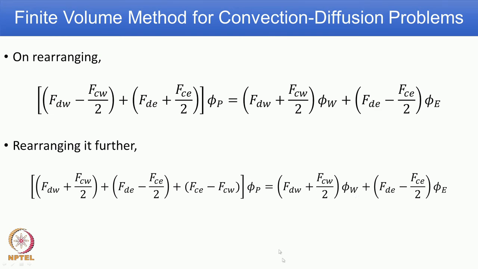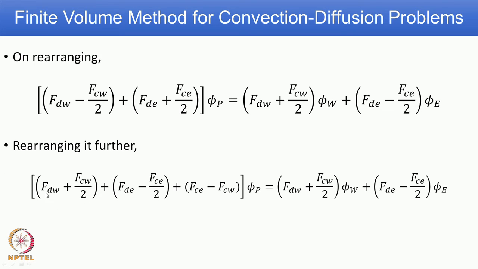Now, if you observe the terms on the right hand side, for example, the coefficient for phi at W has a term F_D w plus F_C w by 2 and you are able to observe a similar term appearing as one of the coefficients on the left side.